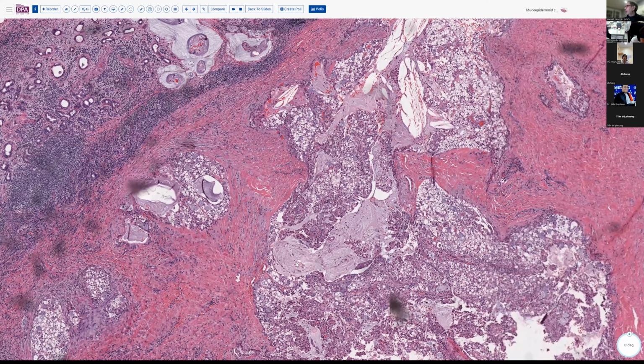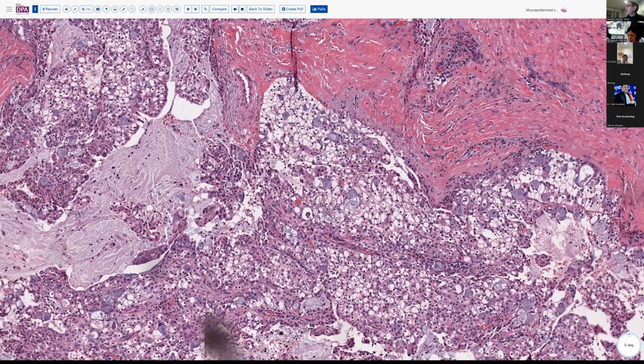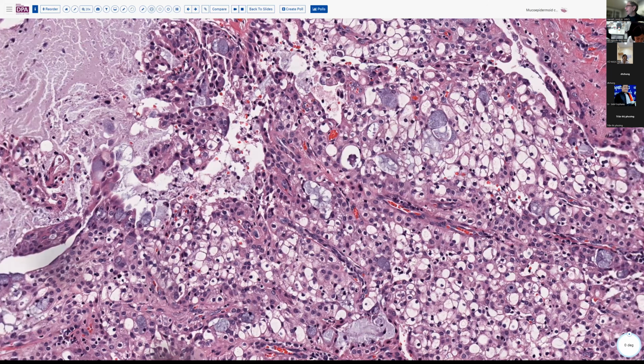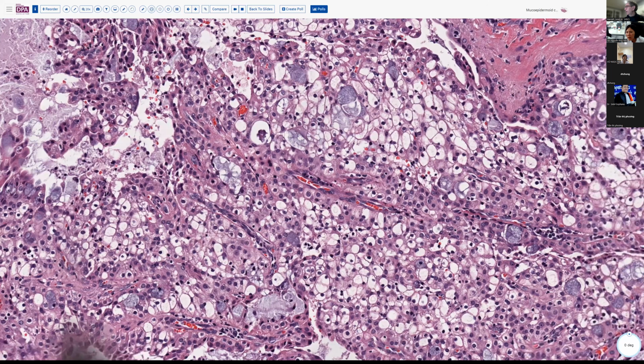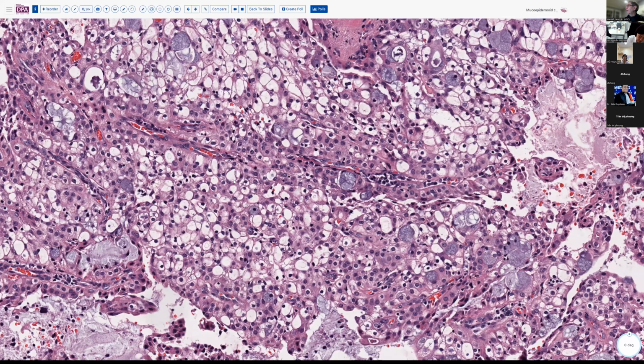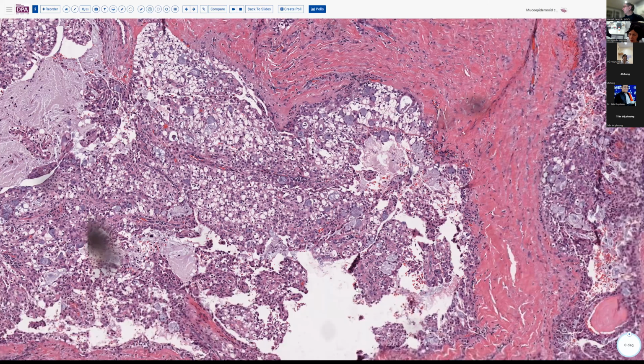And you can see again here these nice blue mucin-containing cells. And then the less evident ones with more sharp margins would be more squamoid or intermediate cells. So it's a nice combination of the two here in almost equal proportions.